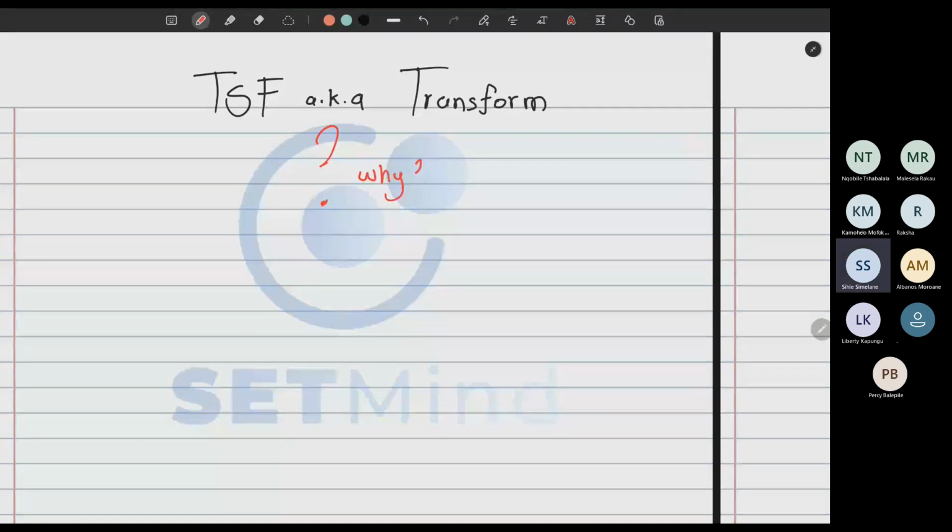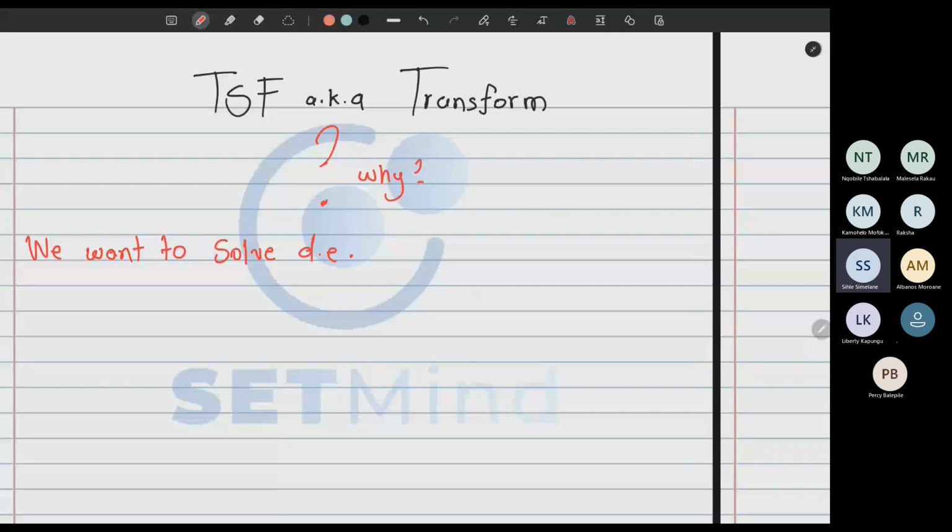All what we want to do is we want to be able to solve differential equations. That's all what we are using this TSF for. We just want to solve differential equations.